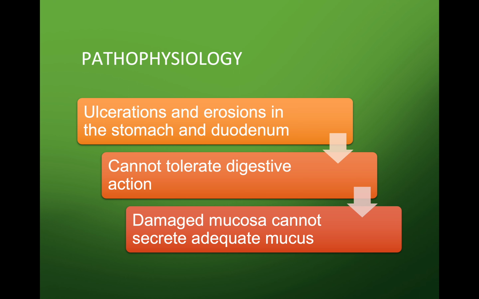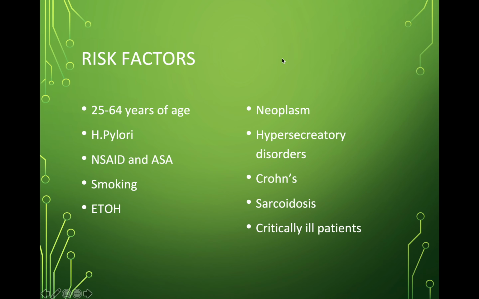And so there's a higher risk for things like hemorrhaging. And that tissue is being exposed to those digestive chemicals, which it cannot tolerate. And the patient can have pretty severe discomfort and high potential for bleeding and other complications.